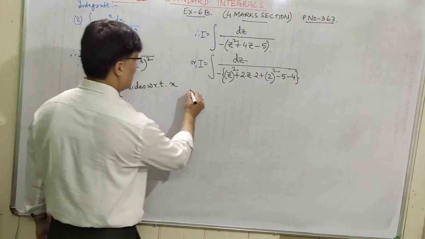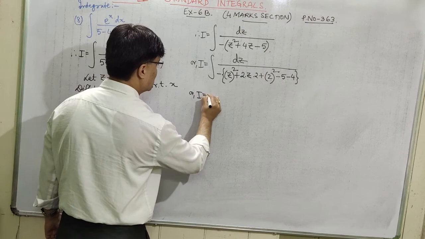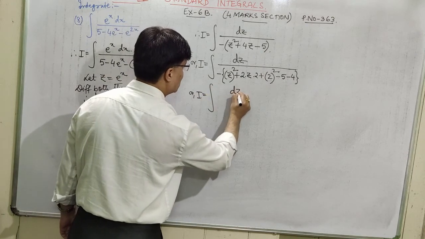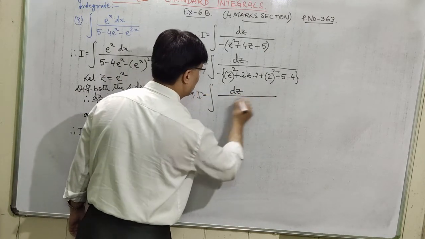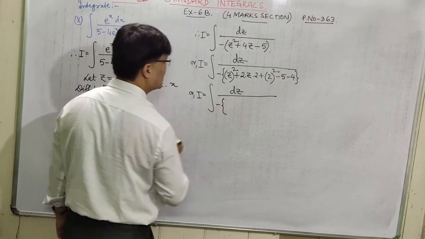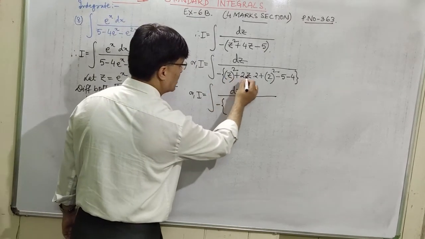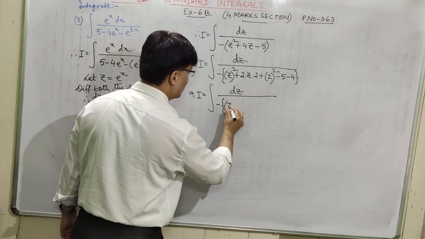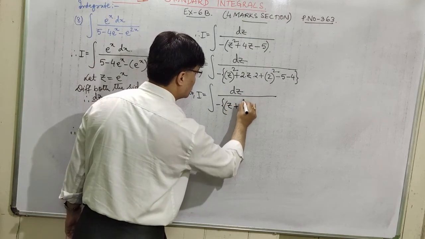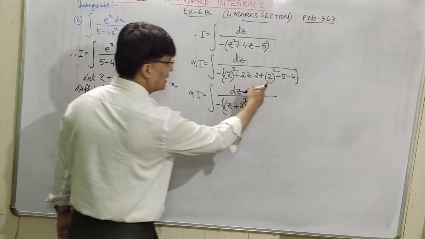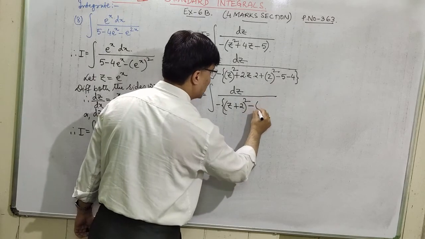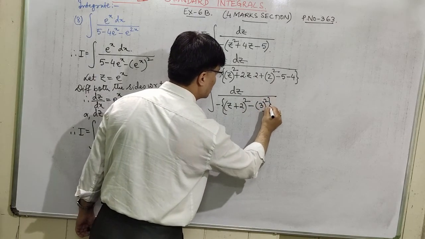Or I is equal to integration of dz divided by minus, within the second bracket, a square plus 2ab plus b whole square. What is the formula? It is z plus 2 whole square, right? And this is minus 9. Minus 9 can be written as 3 whole square.